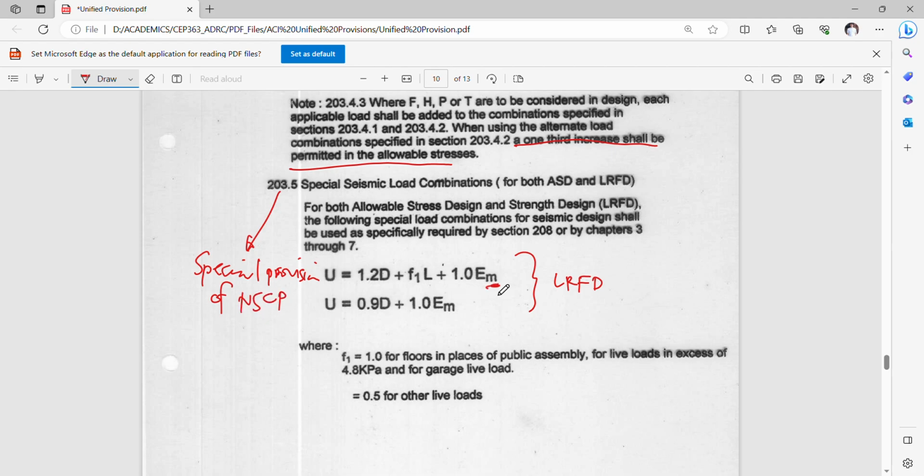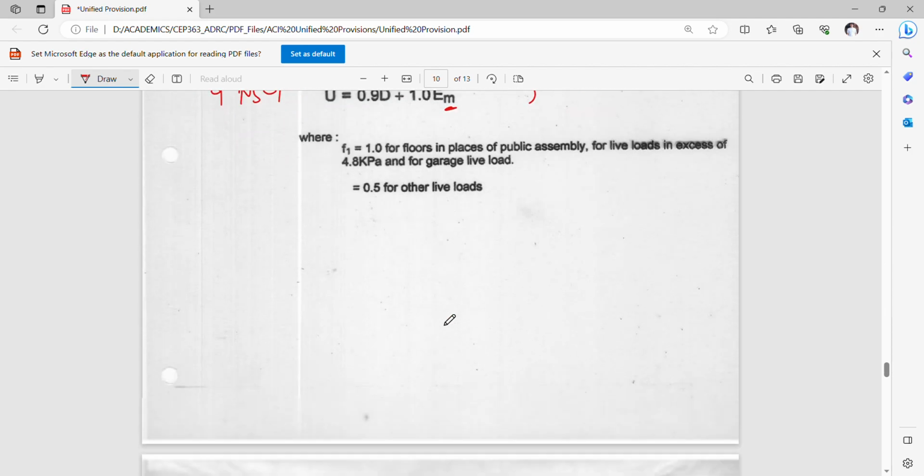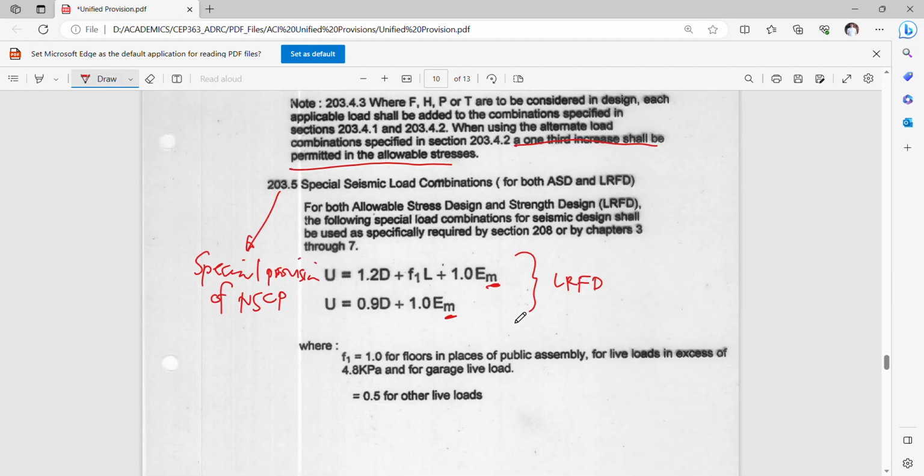So EM here is the maximum earthquake permitted, wherein some reliability or redundancy factors will have to be considered. But basically this is an LRFD, but it can be used both on ASD and LRFD.